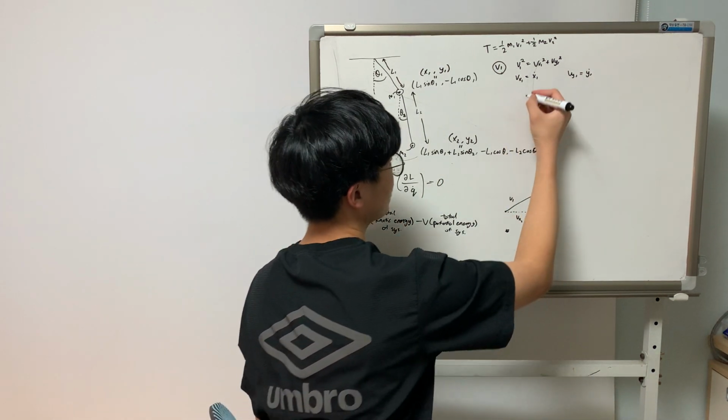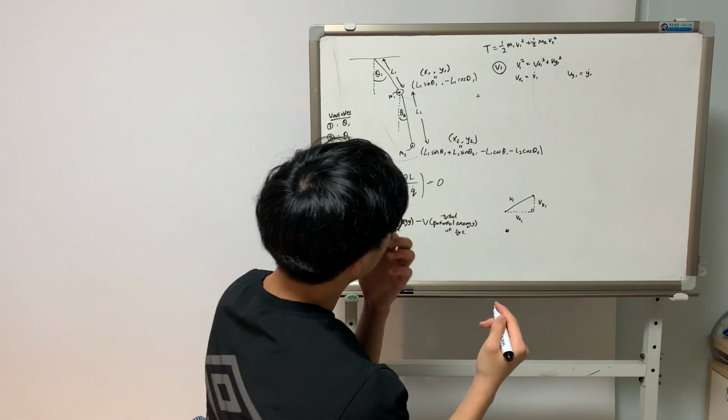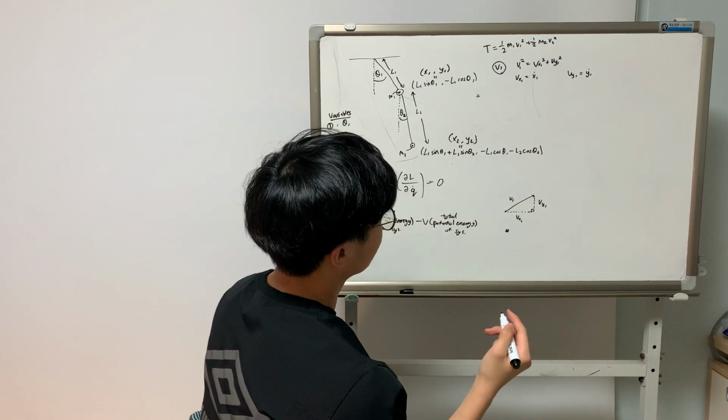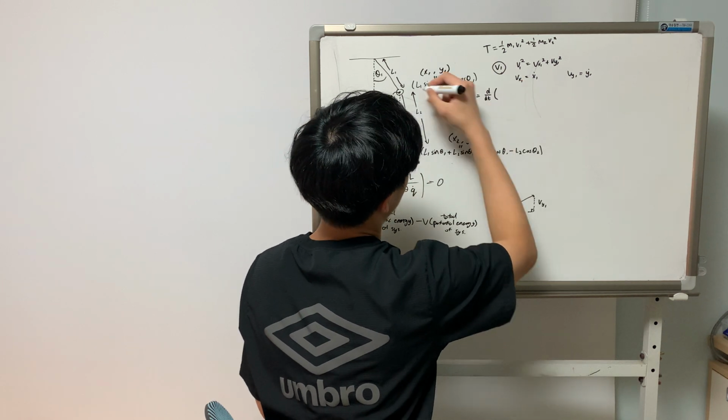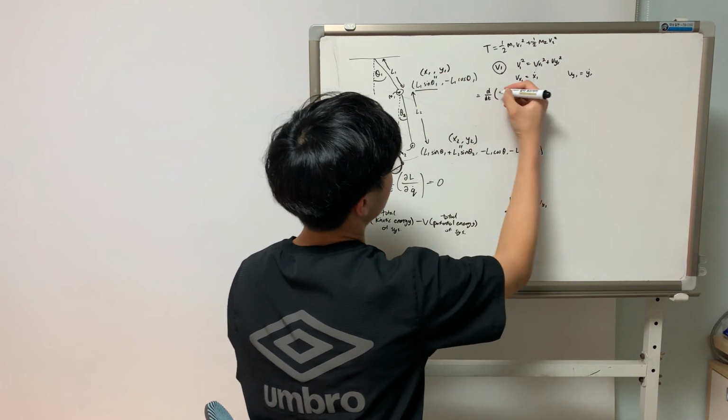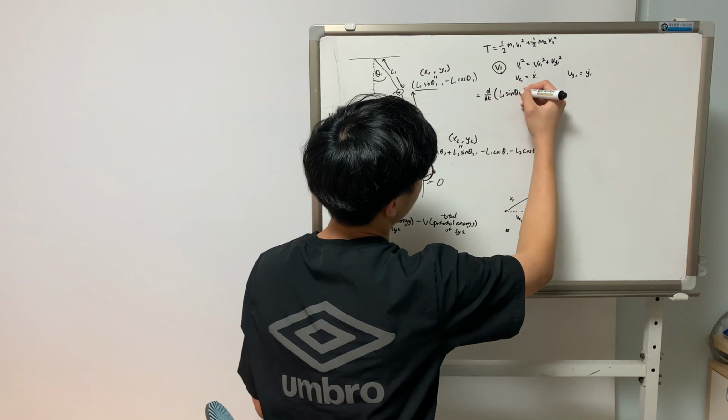All right, let's look at vx1 first. vx1 is the time derivative of x1. So it's going to be d over dt of this over here. This is x1, L1 sine theta 1.